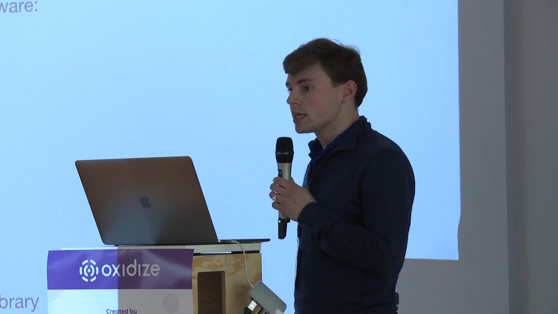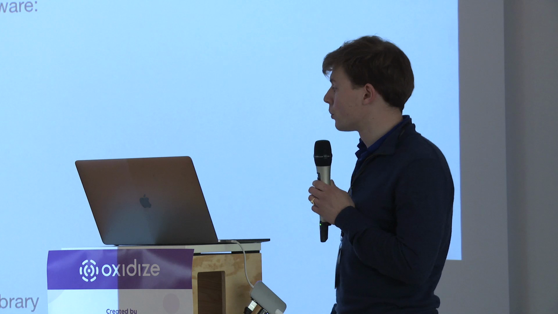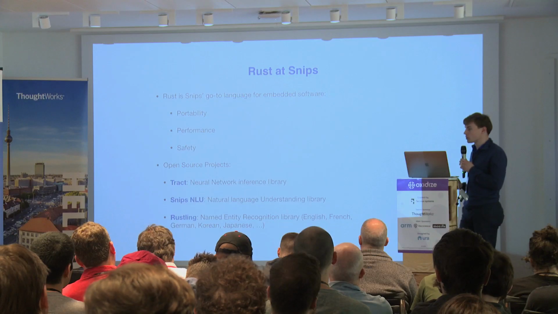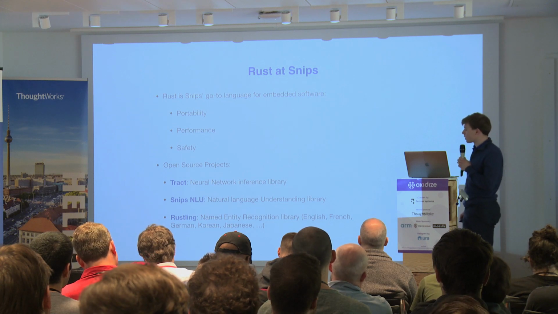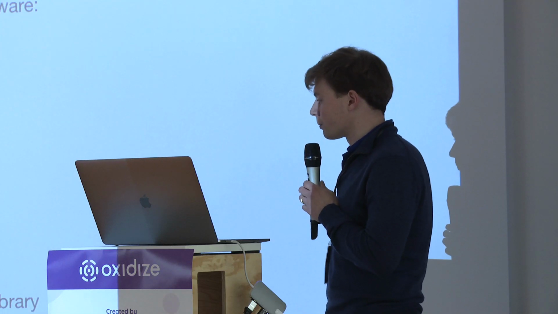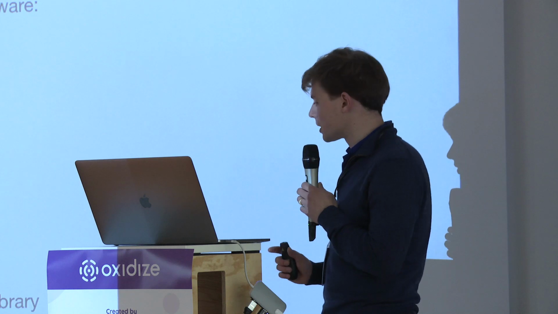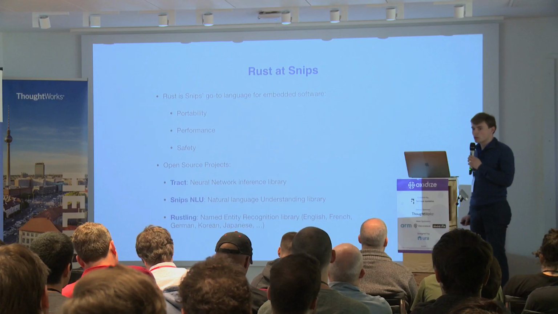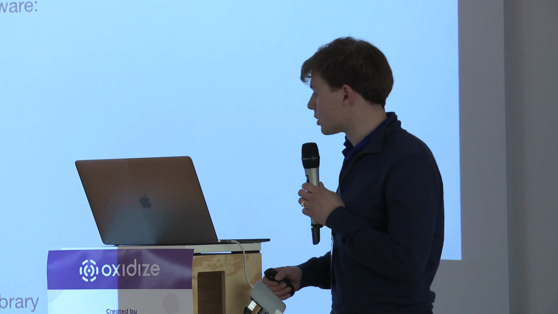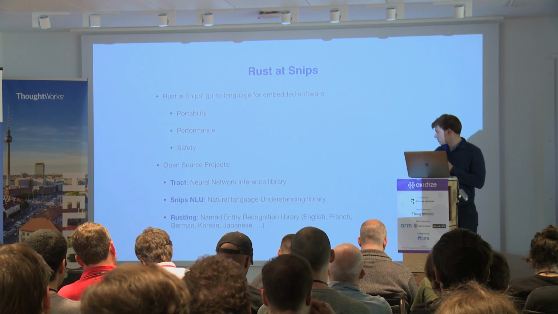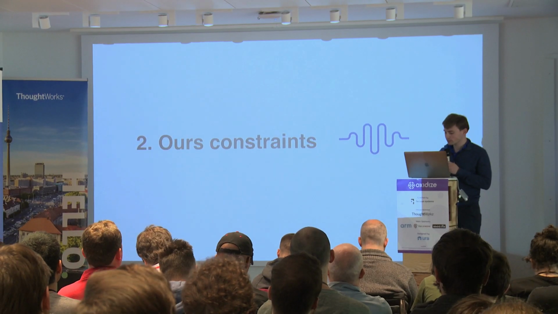We also have Snips NLU, the natural language understanding brick of our system, which is fully open source. And we have Rustling, a named entity system to recognize structured data inside queries, available in different languages such as English, French, Japanese, Korean, Chinese, and German, sorry.